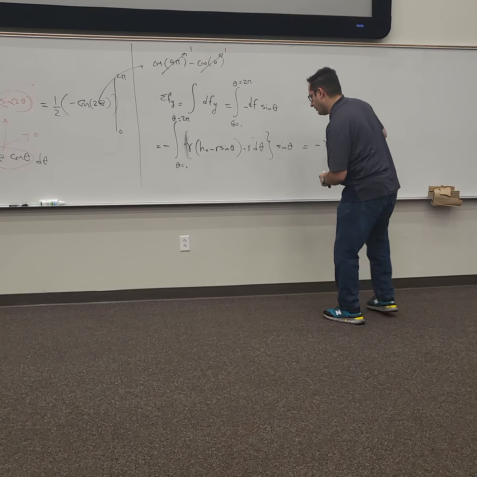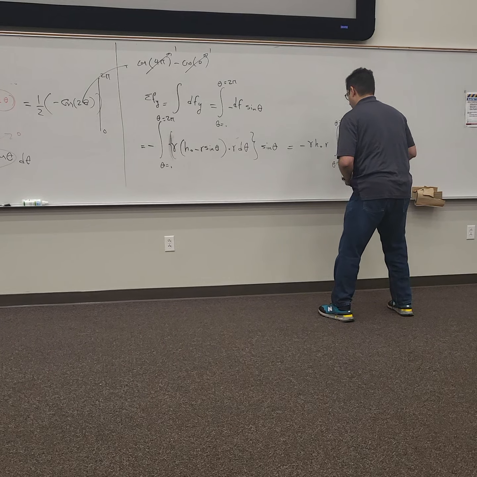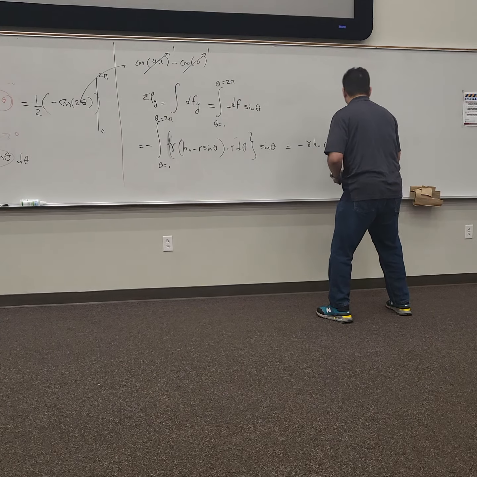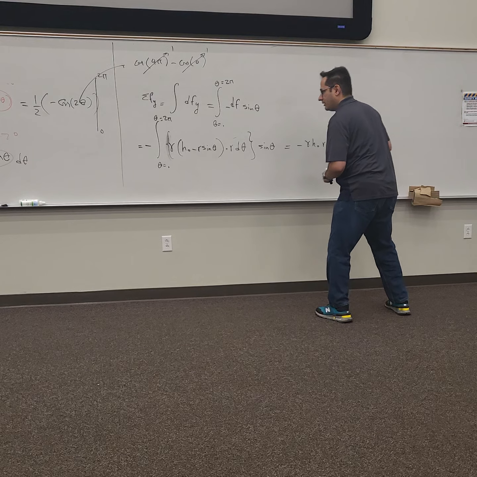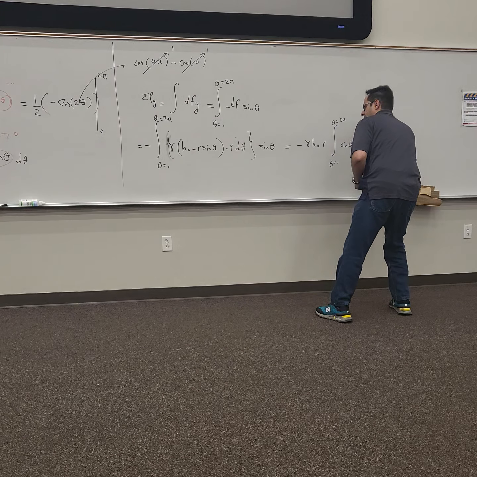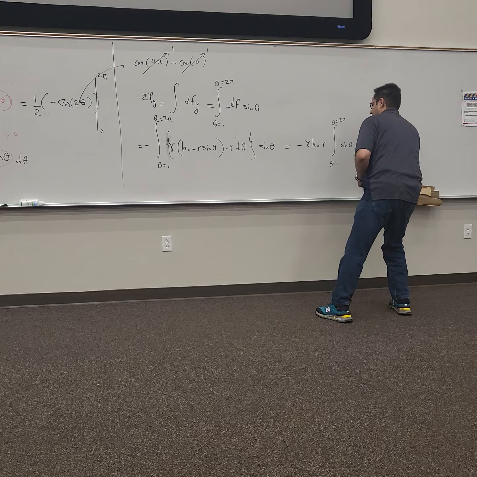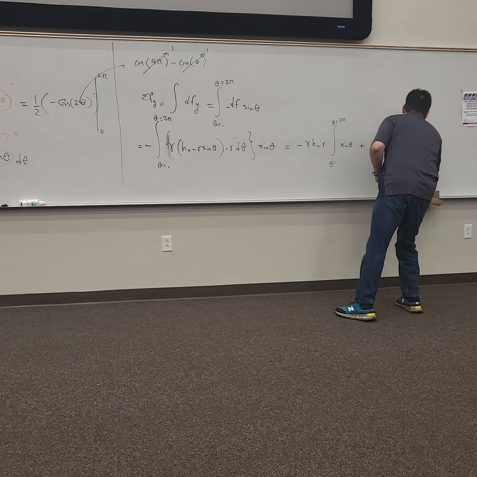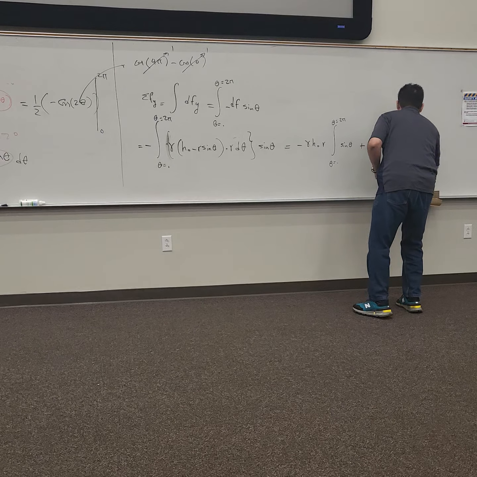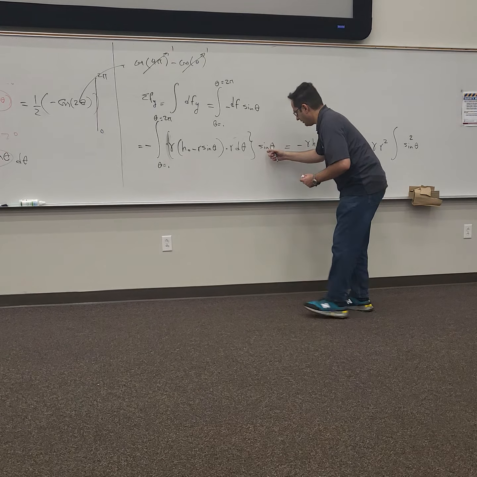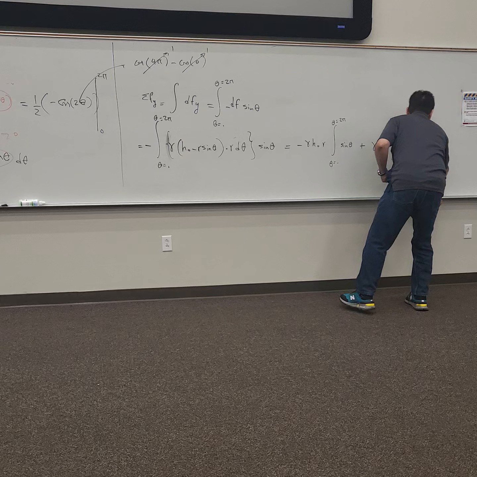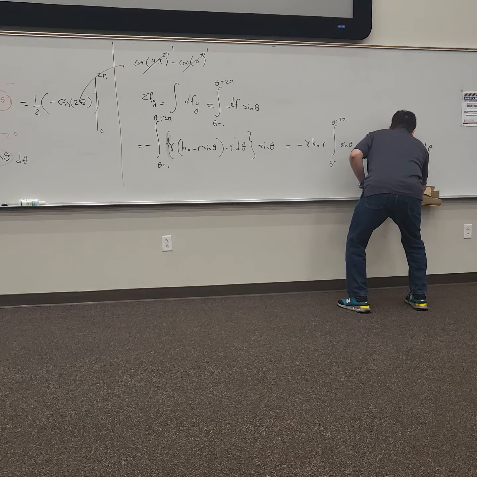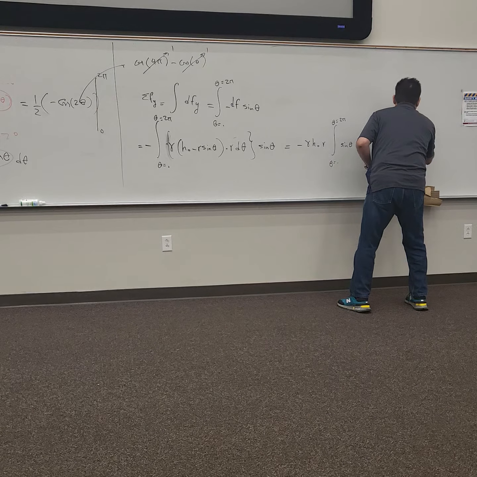And then for the second one, you're going to get negative, negative, so positive, bring out gamma r squared, and integral of sine theta squared, because you're going to get sine theta here, d theta from theta 0 to 2 pi.